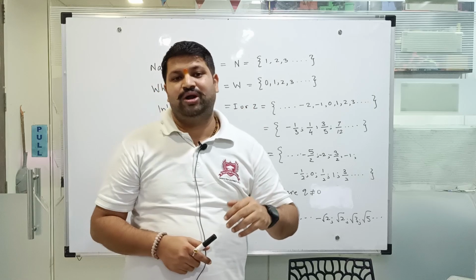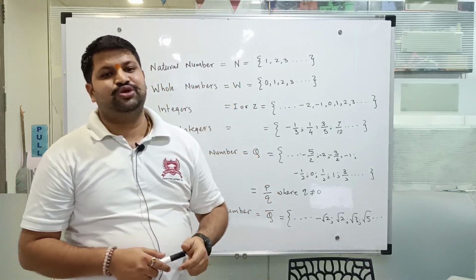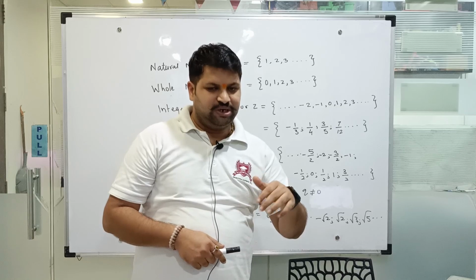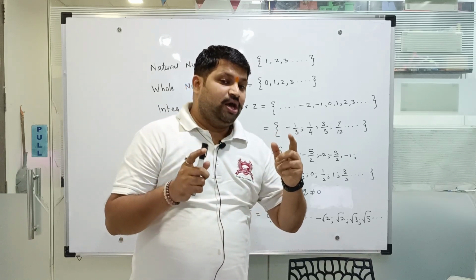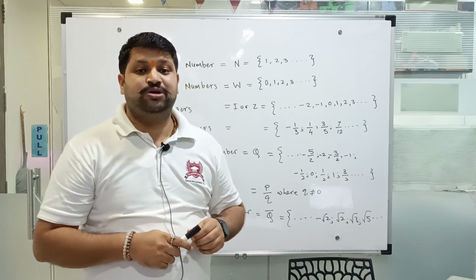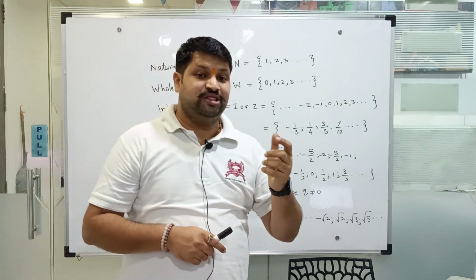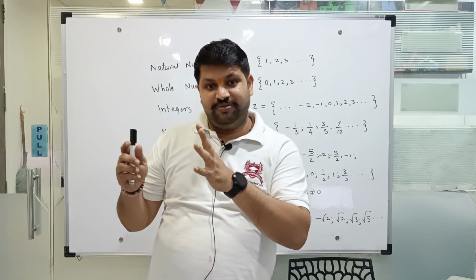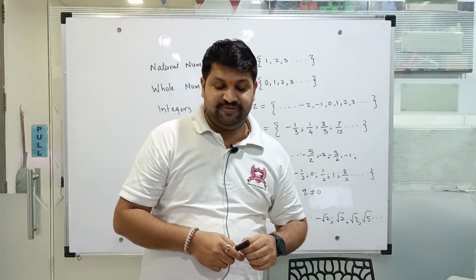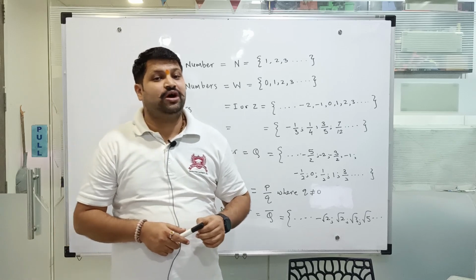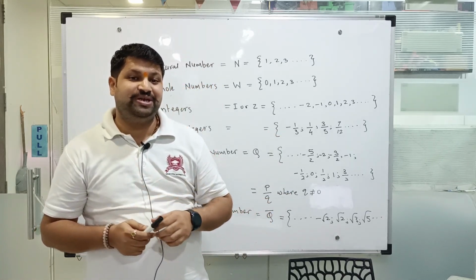If we divide one number by another number, either the division would terminate or the division would not terminate. That is, the division would keep on going forever. Now, if the division keeps on going forever, that is, it is a non-terminating division, then it can either be repeating itself or non-repeating itself. If it is repeating, we call it recurring decimals, and if it is non-repeating, then we'll call it non-recurring decimals.